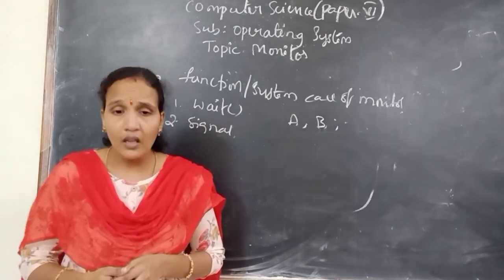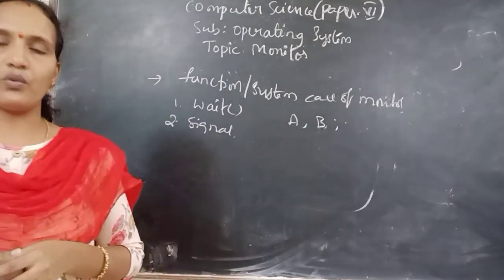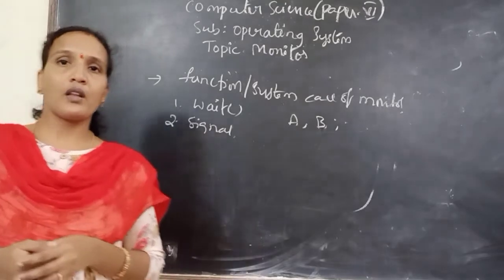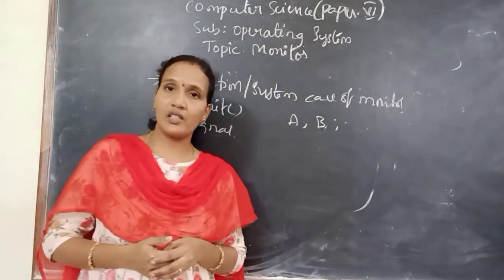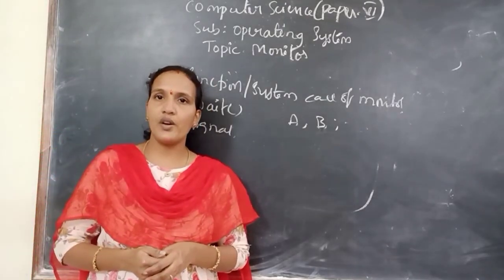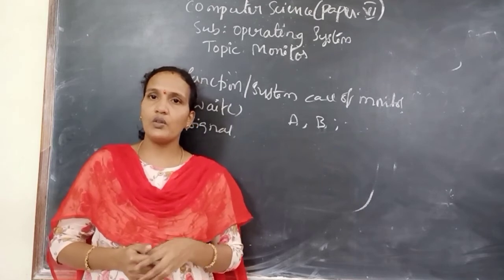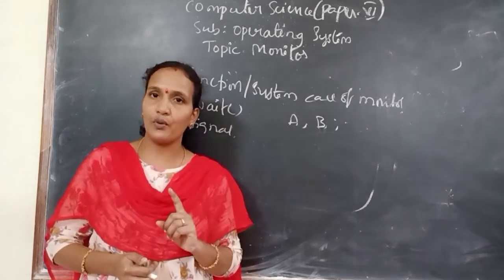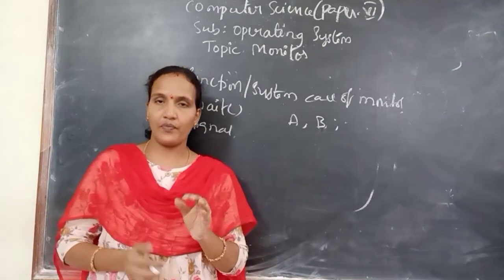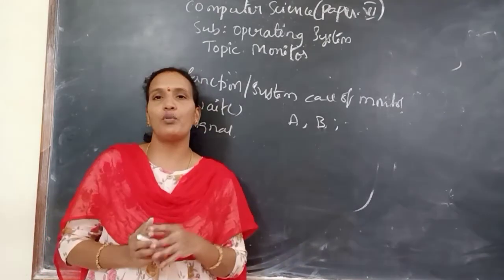Okay, now actually what are the main advantages of this? Monitor achieves mutual exclusion. Monitor achieves mutual exclusion means using a monitor only one process can execute its program in one block in the critical section.